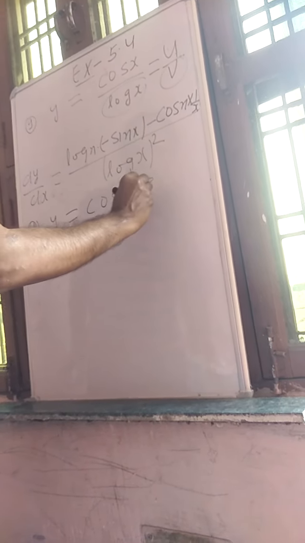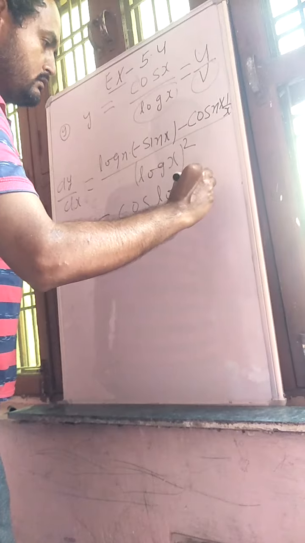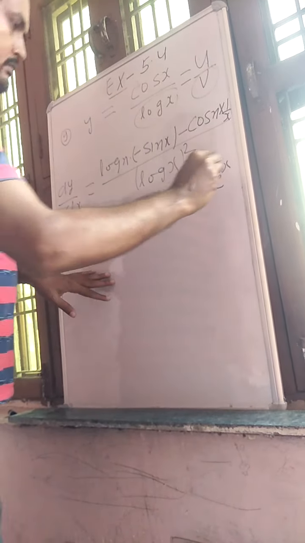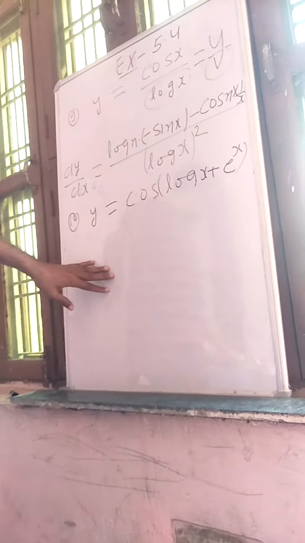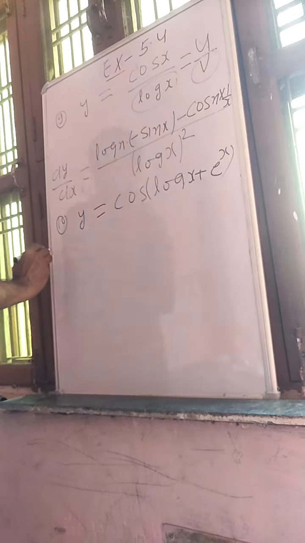y equal to cos log x plus e to the power x. We have to check what is the question. Y equal to cos, a small bracket, log x plus e to the power x. Okay. First of all, we have to find dy by dx.